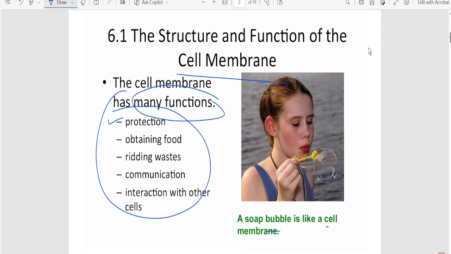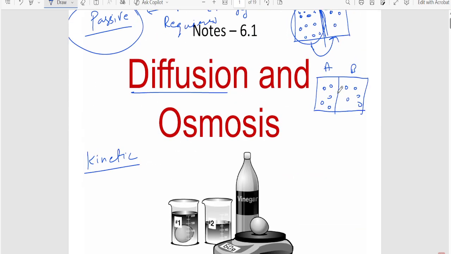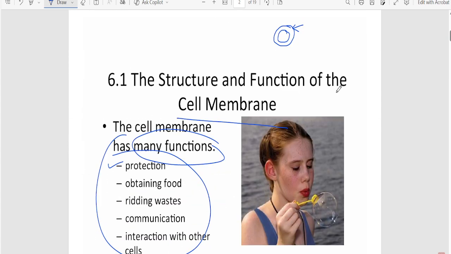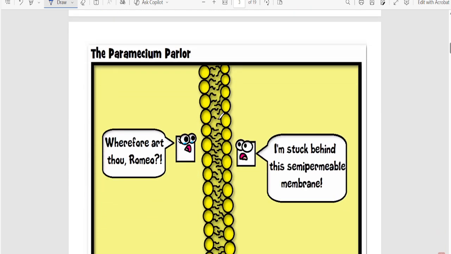The movement of particles can be anything, like oxygen, carbon dioxide, nutrients. Oxygen has to be transported to each and every cell. How will it be transported? It will pass through the cell membrane. Cells constantly need to exchange substances with their environment.